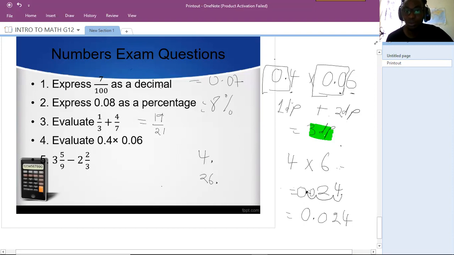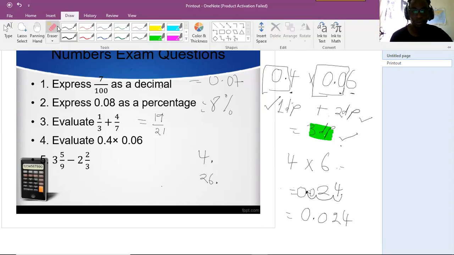I'm going to go through this again. Every time you're multiplying decimals, the first thing is that you count the number of decimal places that we have. So 0.4 had 1 decimal place. 0.06 has got 2 decimal places, 1, 2. So in total, we have got what? 3 decimal places. Then you forget the zeros and you just multiply 4 by 6, which gave us 24.